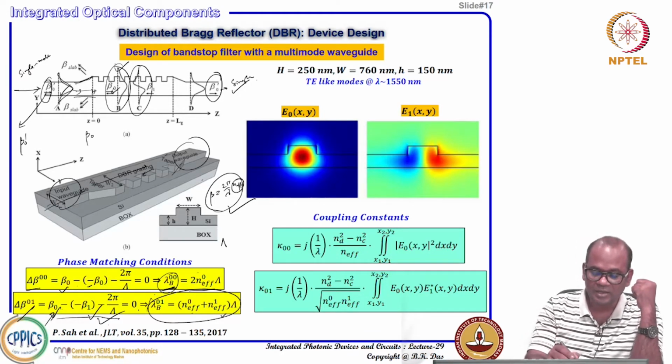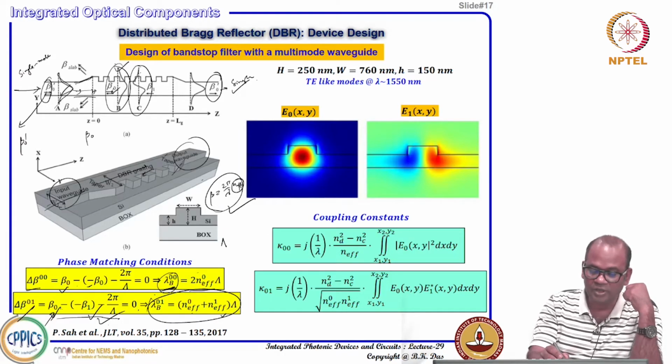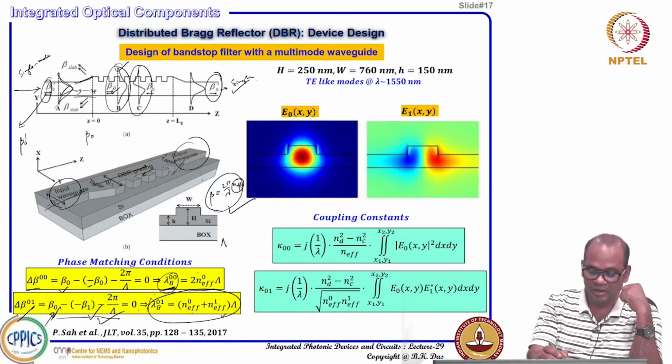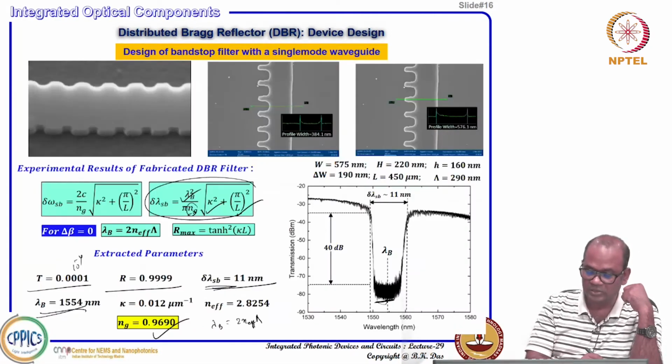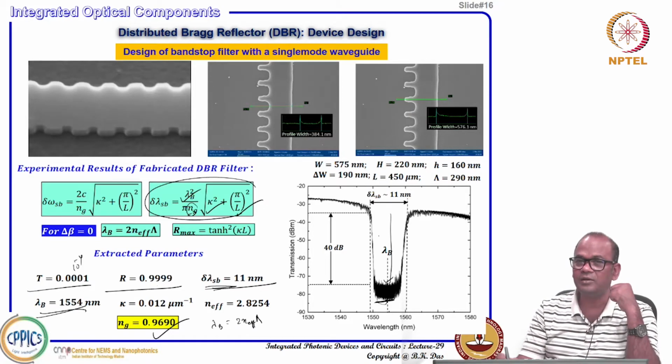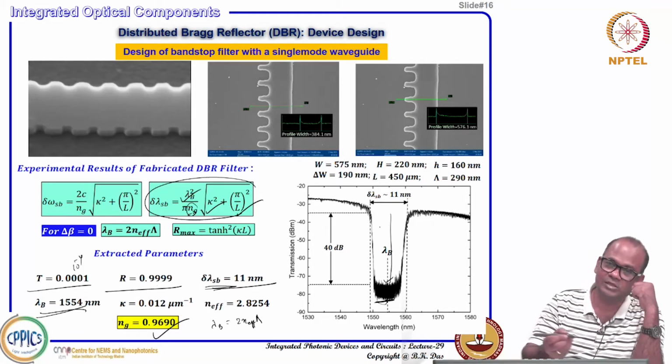Now, the question is: when something couples to a backward propagating mode, as we discussed earlier, this much is lost in transmission, but where should that appear? That should appear in the reflection.